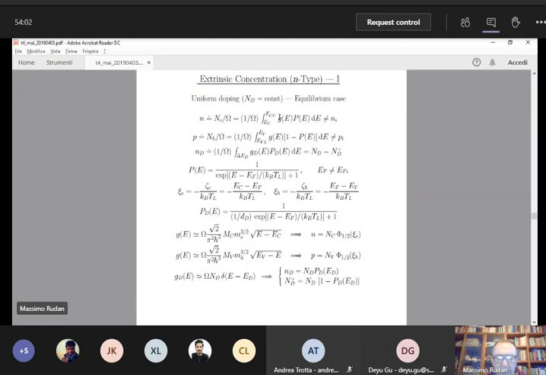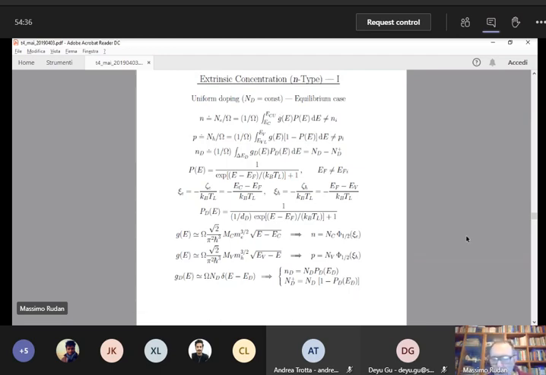The same is in this case, because the concentration of the electrons of the conduction band depends on psi e, and psi e depends on the Fermi level. The concentration of the holes also depends on psi h, that depends on the Fermi level, and Nd plus, that is the concentration of ionized donors, depends on Pd, and Pd depends on the Fermi level, okay?